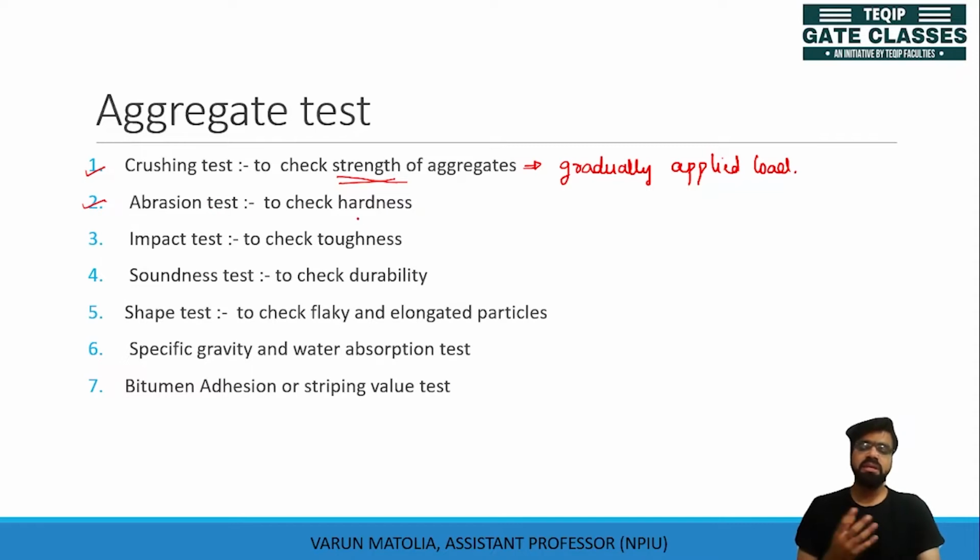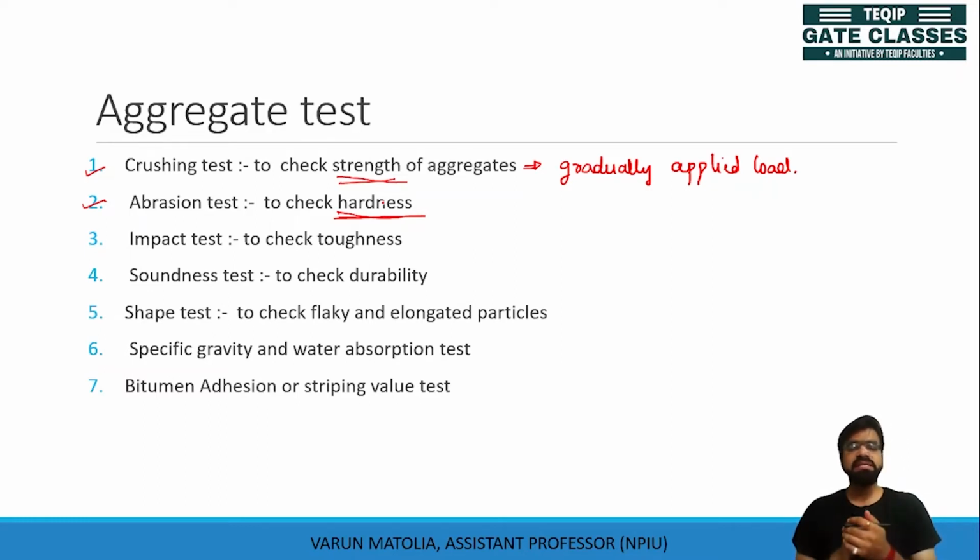Abrasion is the definition of hardness. If the material is hard enough, there will not be any wear and tear on the surface of this aggregate. But if it is not hard, with the wear and tear, you will see the surface is disintegrating.